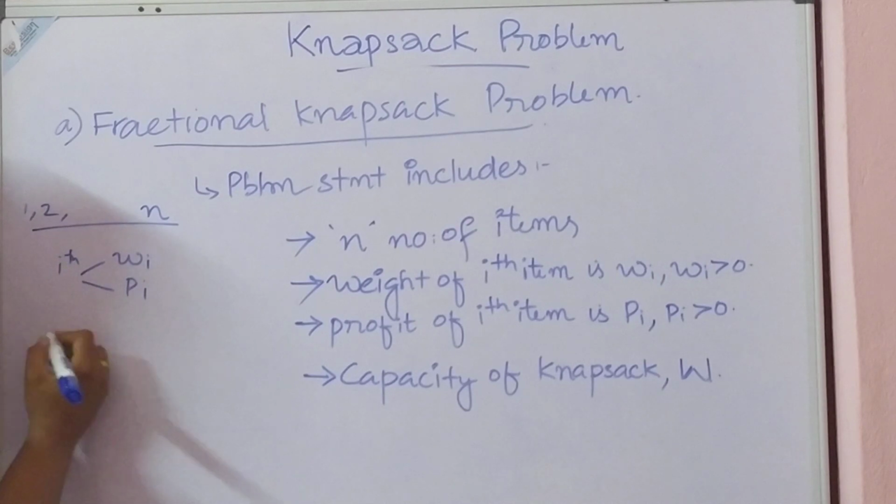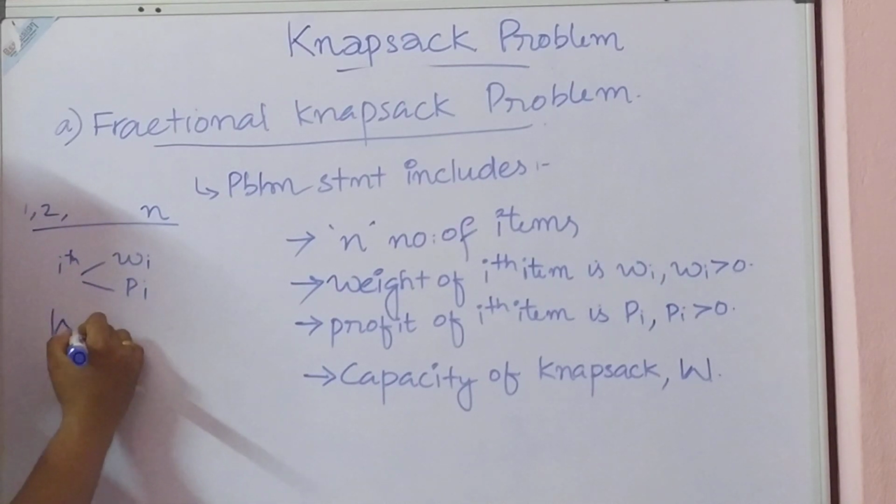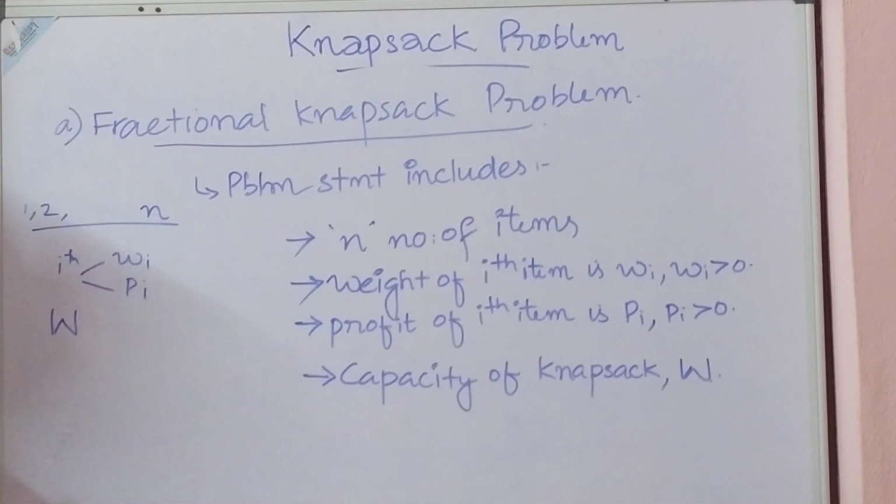And there is the knapsack. The weight of the knapsack is denoted as W. In the fractional knapsack problem, the item is divided into some fractions, and those fractions can be used to fill the knapsack.